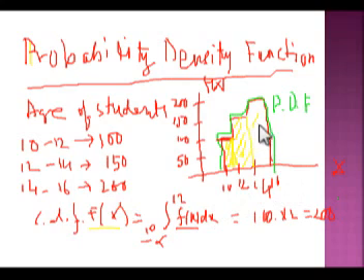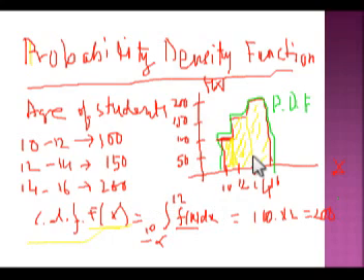So total 900 students. In this way, the probability density function is defined, and the cumulative distribution function can be obtained.